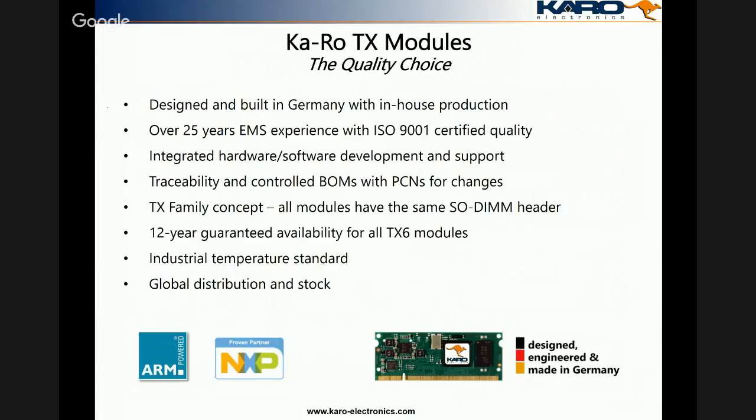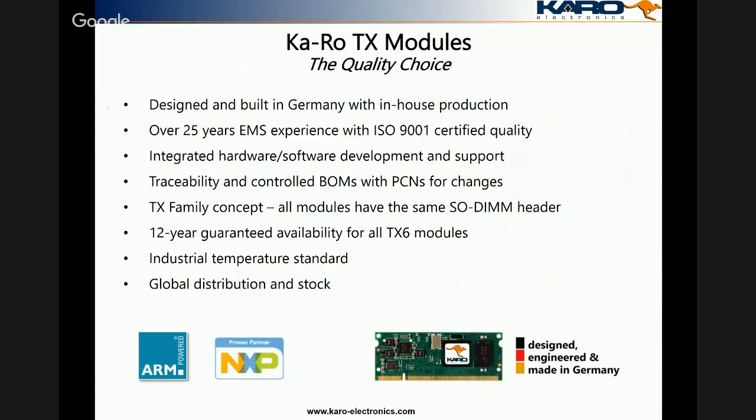And we're able to do that not only with the long-term availability provided by NXP, but also a careful selection of components on the modules, keeping it as simple as possible, selecting long-term availability memory and other components, and then managing with product change notifications. So you can be assured of having these modules in your product for a long term, and we provide written assurance of that.